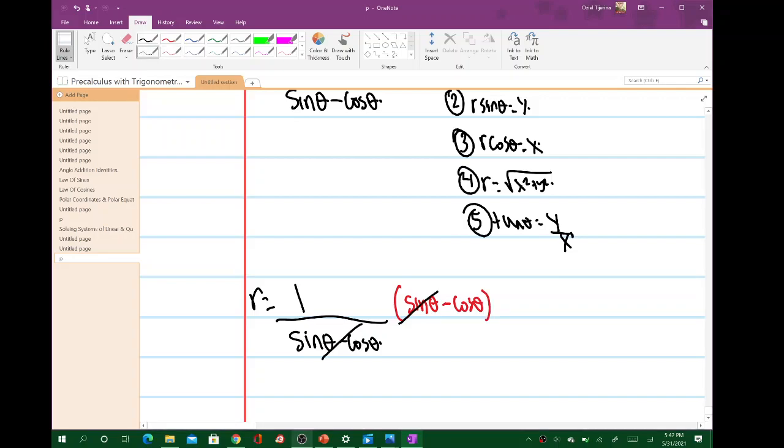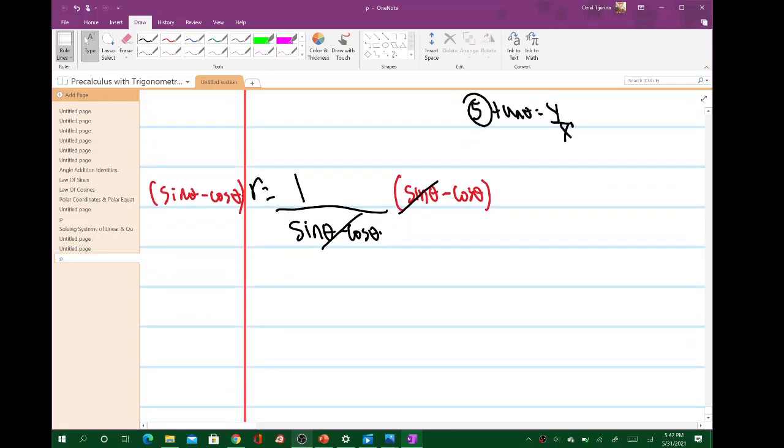So this is going to get canceled out, and over here we get r times sine theta minus cosine theta equals 1, right?